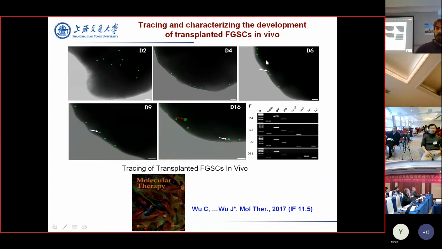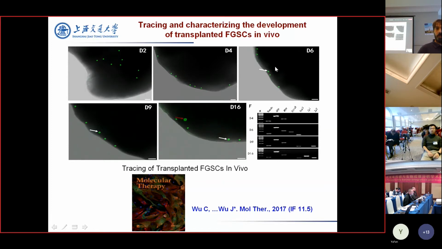Then at day 6, we can see some of the cells become large, and at day 9 they get even larger. We also see meiosis marker expression at day 6 and day 9, markers like SCP3 and STRA8.